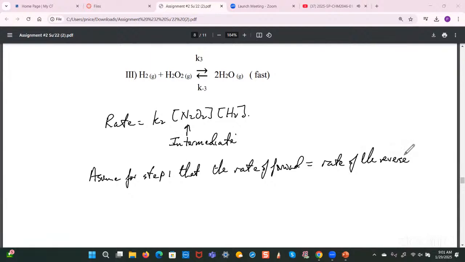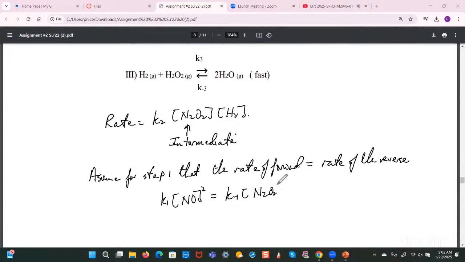So in other words, we're talking about an equilibrium type situation here. If we assume that to be true, the rate of the forward reaction would be K1 times the concentration of NO squared, and that would be equal to K minus 1 times the concentration of N2O2.